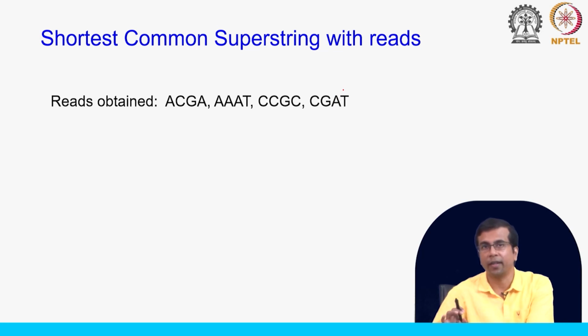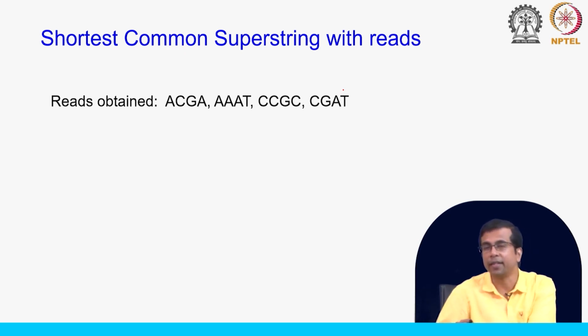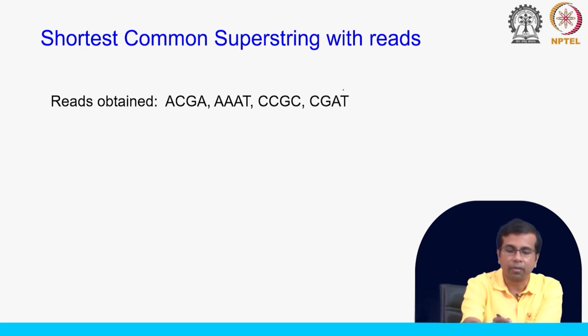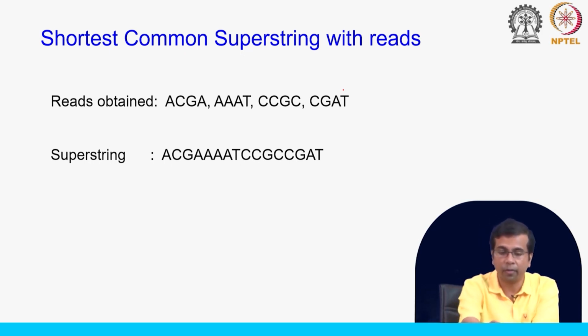Let us again take a very simple example with 4 reads, each of length 4 bases: ACGA, ATCC, CCGC and CGAT. The superstring, if we just define it, we can concatenate, putting one after another. What will be the shortest common superstring? It's a bit tricky now, but we can probably figure it out.